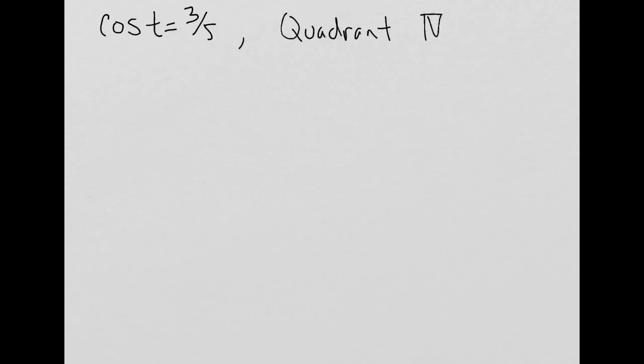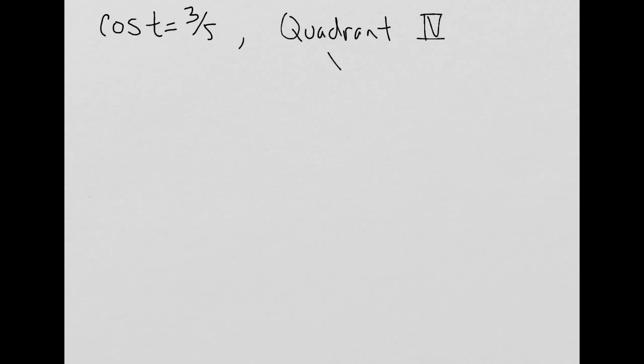So suppose that I knew that cosine of t was 3/5. Now that'd be great. Cosine's representing an x-coordinate, but I could have an x-coordinate of 3/5 in quadrant 1 or quadrant 4. So let's say we're in quadrant 4.